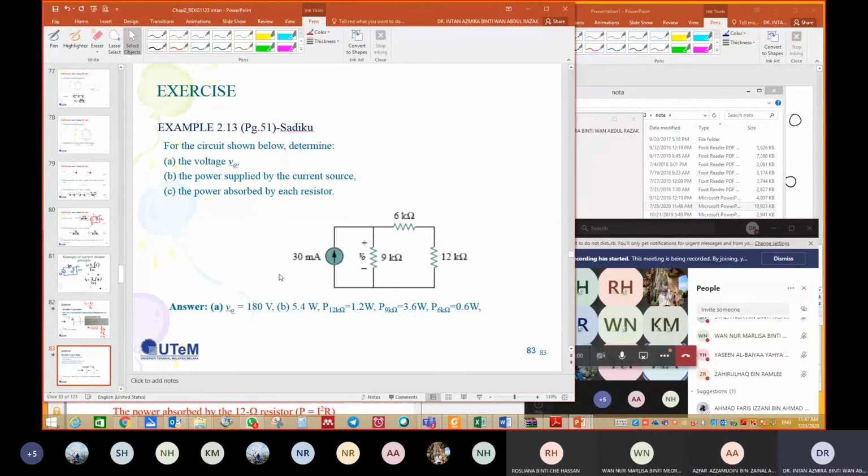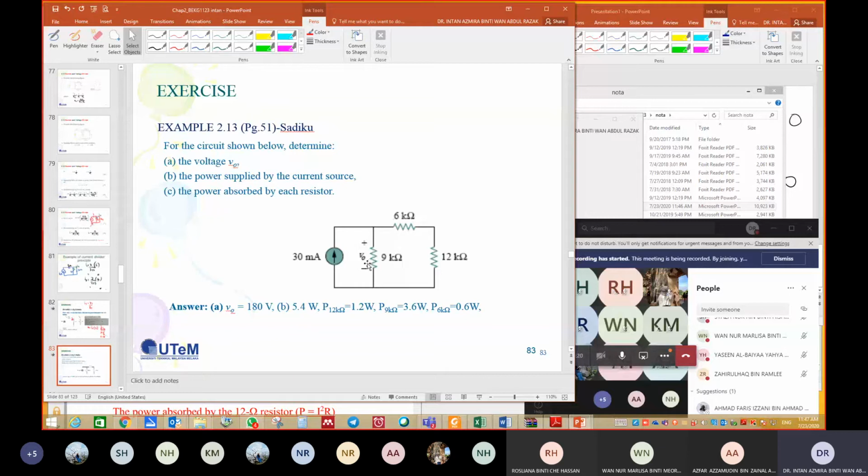I think we have covered the current divider principle and the voltage divider principle. I think you can self-study, for example this exercise 2.13: how to find the voltage V0.